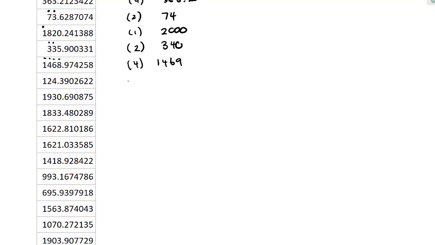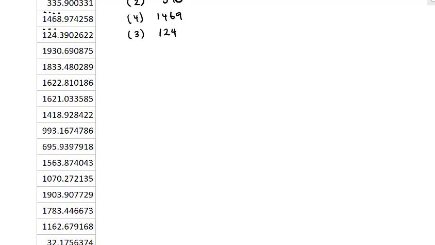Okay, let's do this one to say 3 significant figures, so 1, 2, 3, round based on this one, it's going to round down, 124. Let's do this one to 5 significant figures, so 1, 2, 3, 4, 5, this one's going to round up, 1930.7.